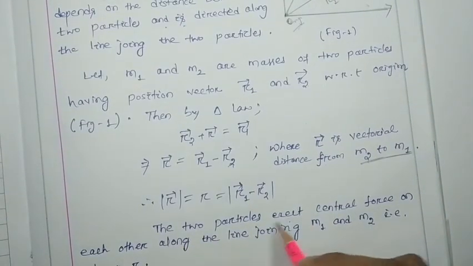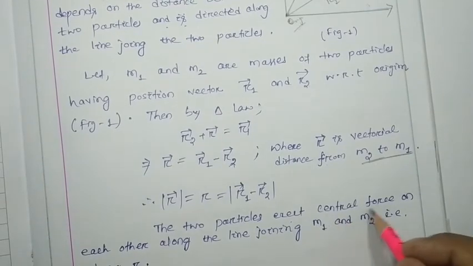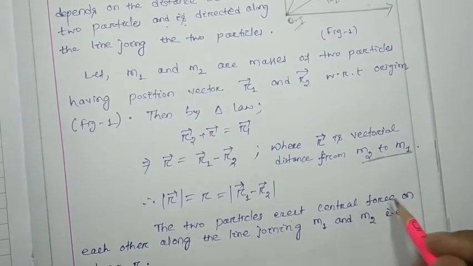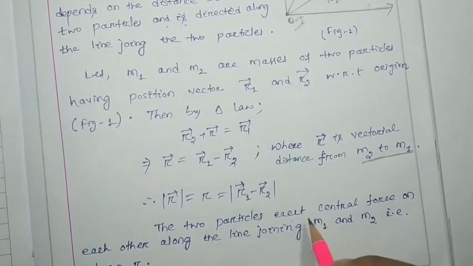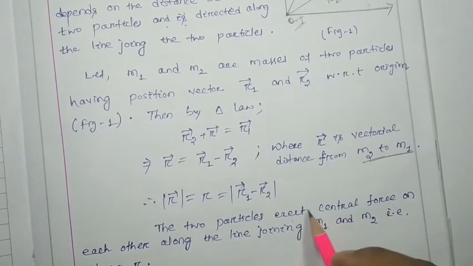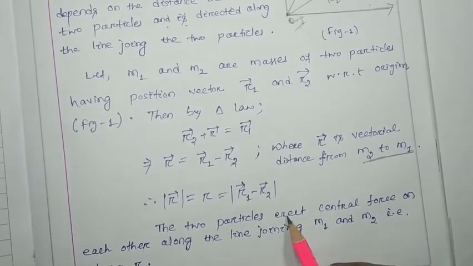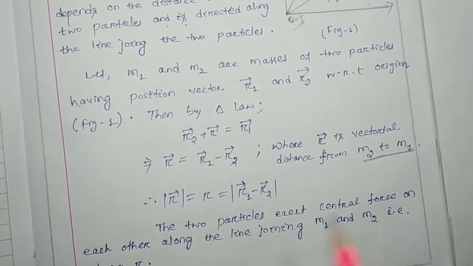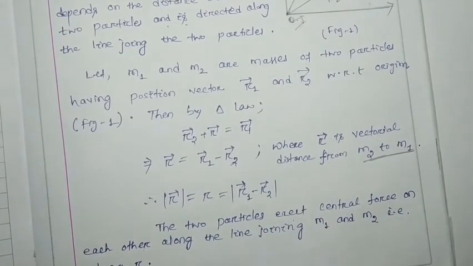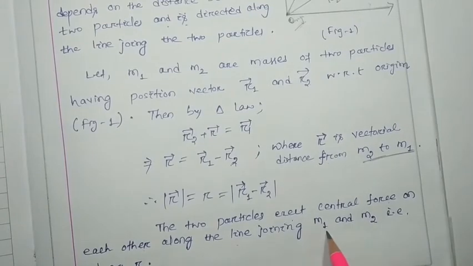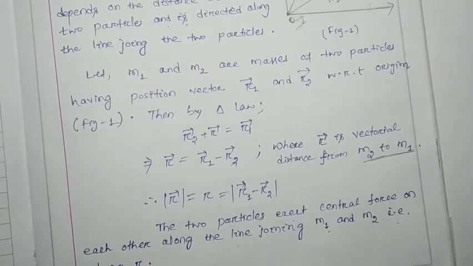The two particles exert central force on each other, or are influenced with central force by one another, along the line joining m1 and m2, that is along r.